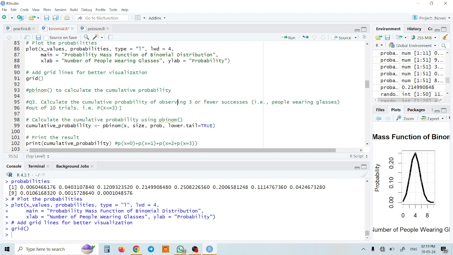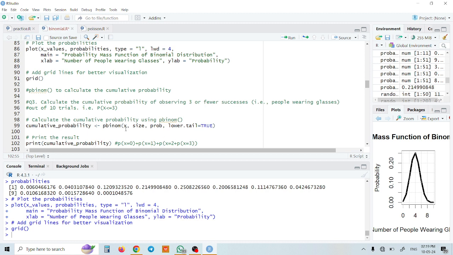That means we need to find the probability when x is less than or equal to 3. So we need to use the pbinom function. Here x is 3, so it will give us the cumulative probability when x can be 0 or 1 or 2 or 3, so 0 plus 1 plus 2 plus 3.